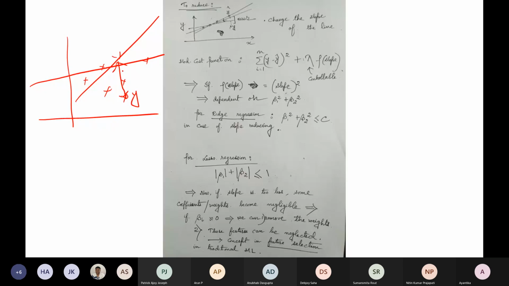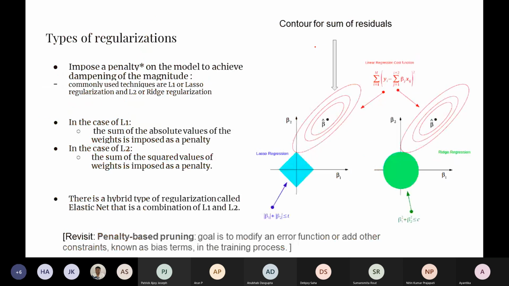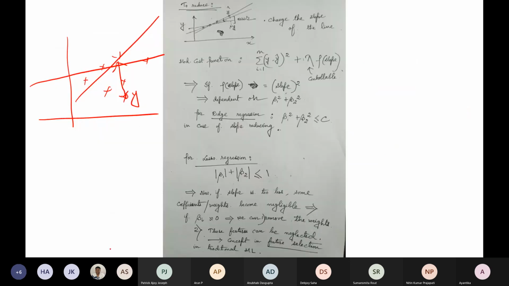Now you observe, what is the technique? As in penalty-based pruning also, we are modifying the error function and adding some constraint. Now this constraint has two parts.